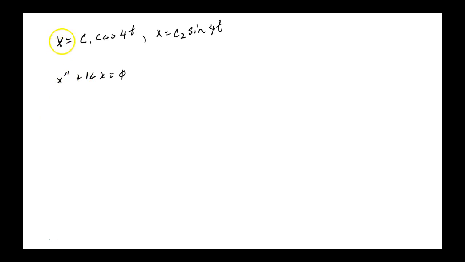Let's take a first derivative. We don't need the first derivative, except we have to have it to get the second derivative. So x prime is equal to minus 4c1 sine 4t, and x prime on this one is 4c2 cosine 4t.